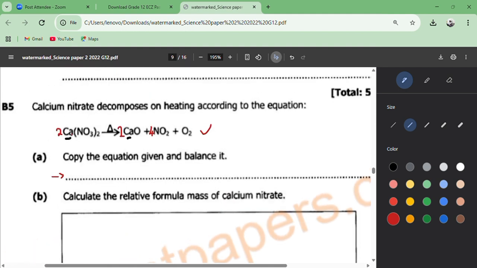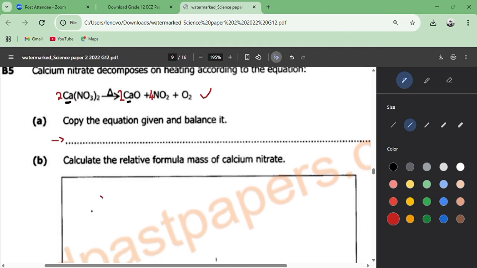Okay, we're going to get calcium nitrate like this. How do we calculate the relative formula mass? How are we going to find the relative molecular mass? Anyone with an idea?